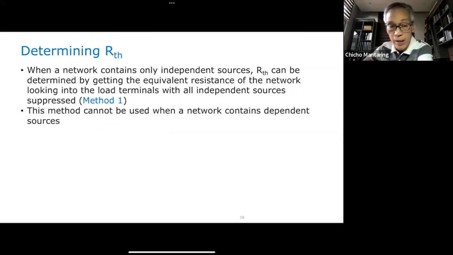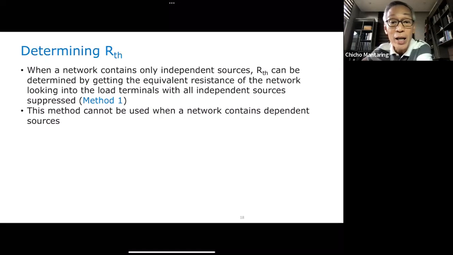Okay, let's go back to determining RTH. So we said that when your network, we're talking about network A, contains only independent sources, then madaling kunin yung RTH. We just suppress the independent sources and then we get the equivalent resistance looking into the terminals, not the terminals of interest.